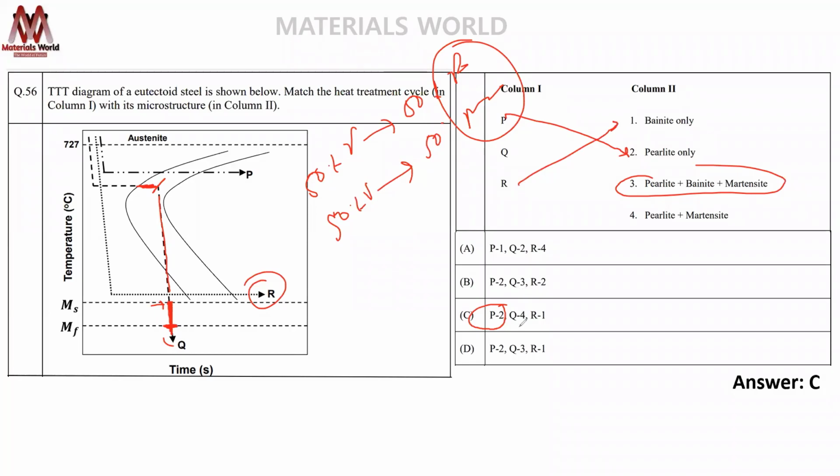So you can get P2 and R1 in only this situation. P2, R1. You cannot take Q4. You cannot take Q3. That's wrong. You can take Q4.